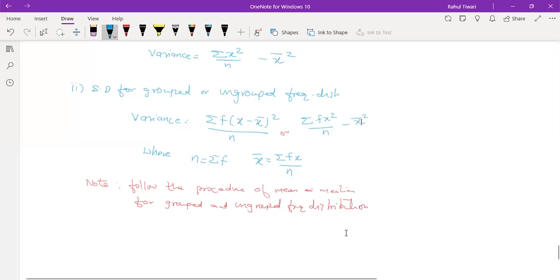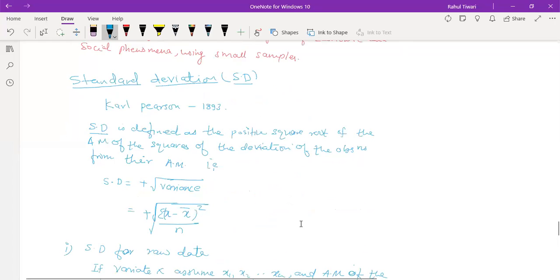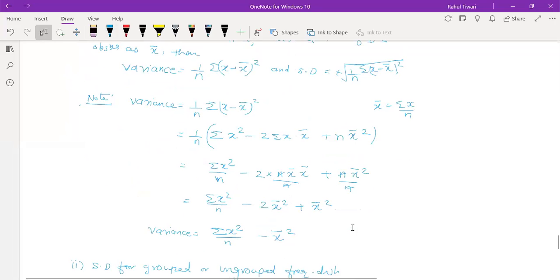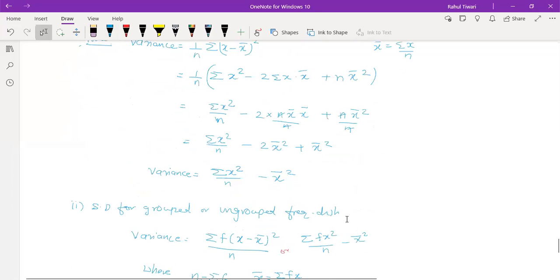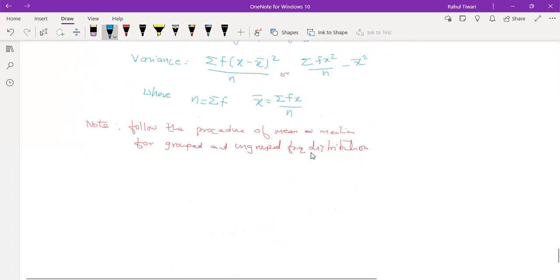This is given by Karl Pearson, who introduced the standard deviation concept, and then with further collaboration of other scientists like R.A. Fisher, the concept of coefficient of variation was introduced.